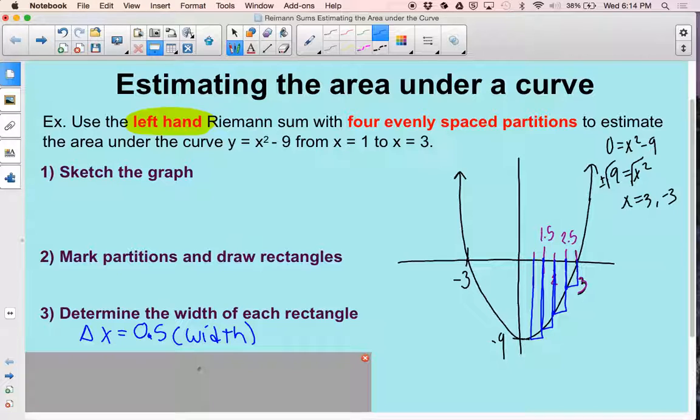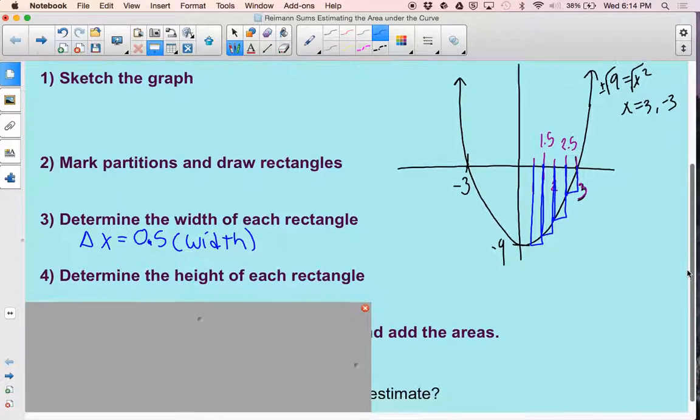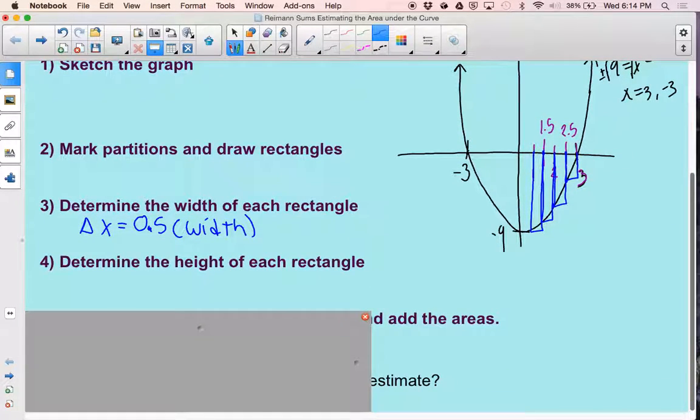Now I'm going to use that width, and I need to find the height of my rectangles so that I can figure out the areas. So we've got rectangle 1, rectangle 2, rectangle 3, and rectangle 4.